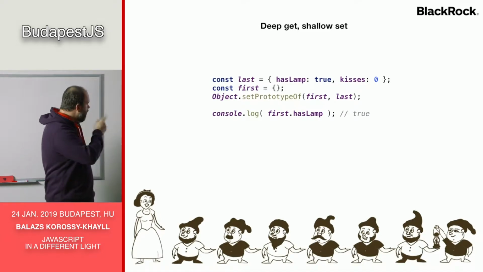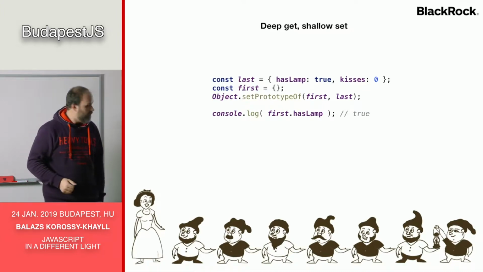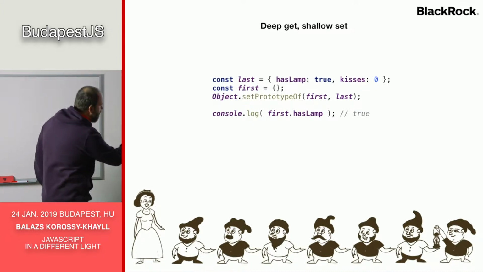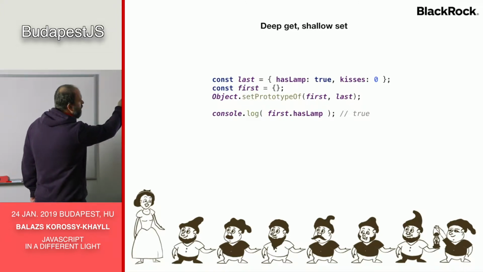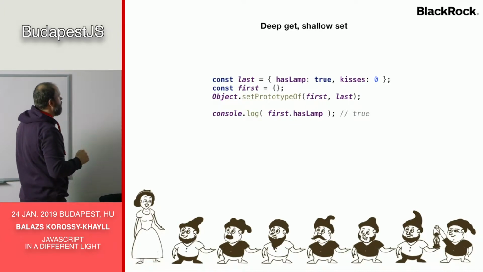Okay, so a couple of words about prototypical inheritance in JavaScript. So I was lazy a bit, and I just created the last and the first dwarf here.